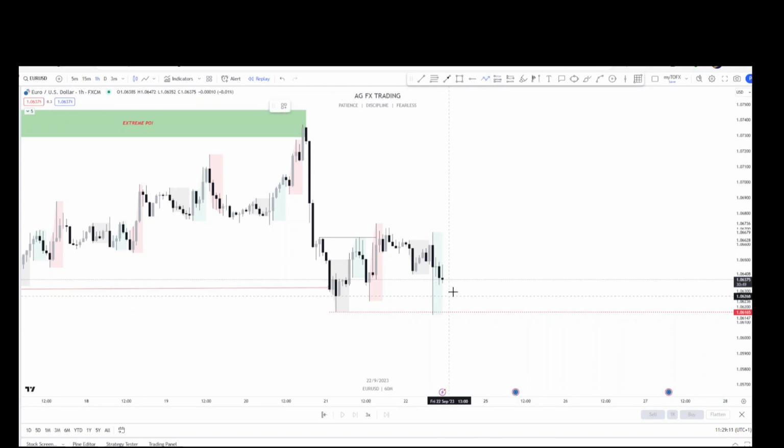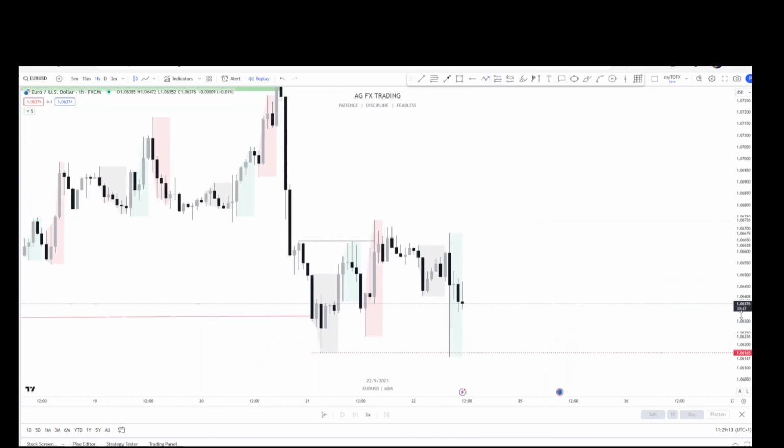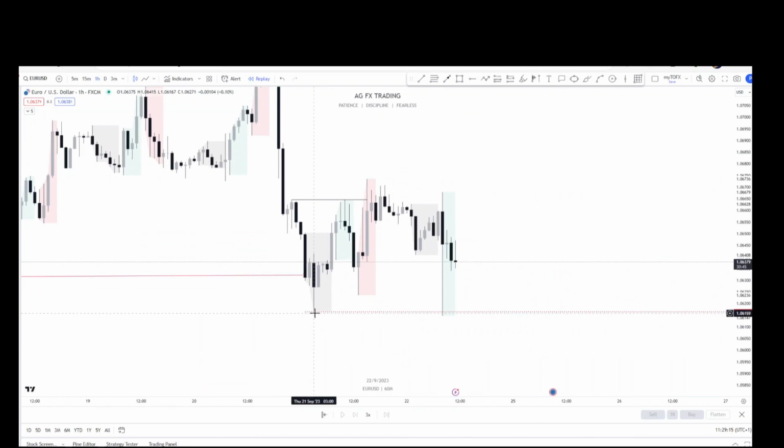Based on how I trade, because this did close below this level here, I shift. Normally, I will shift the inducement and the low. So this low will be transferred here. This inducement here will be transferred here because this is the highest level.